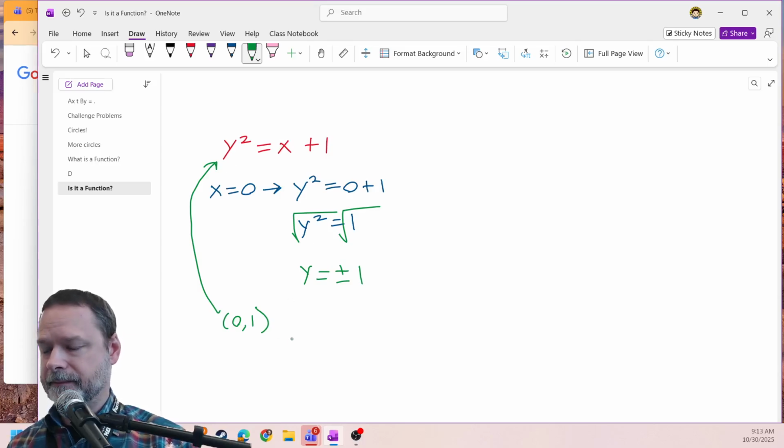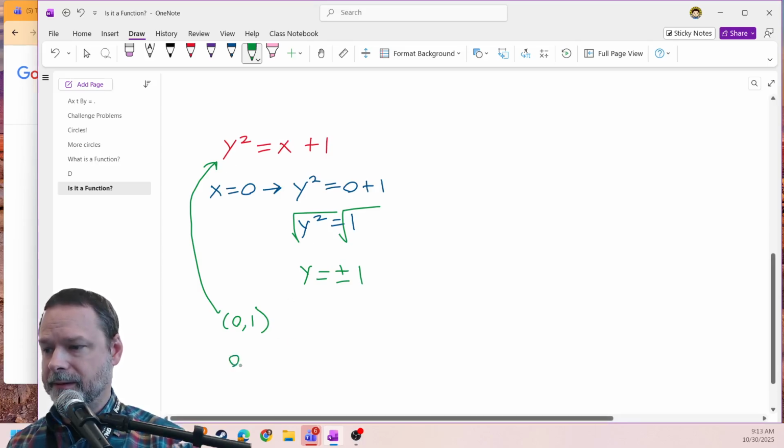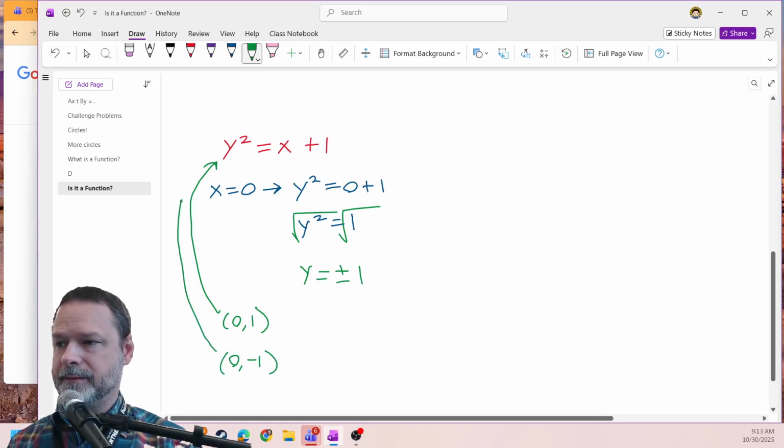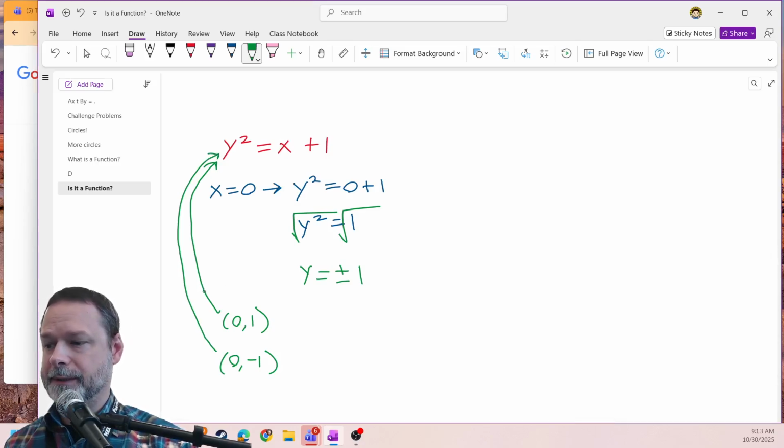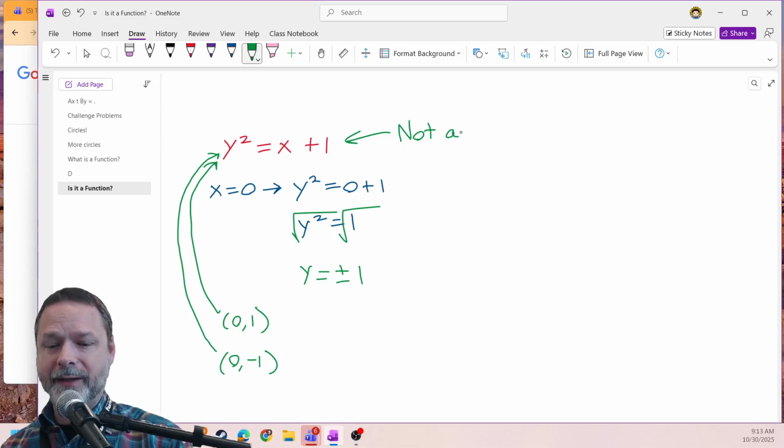And (0, -1) is also a solution. Shoot, one x is going to two different y values. Not okay. That is not a function. So we say, no way, since one value in our domain, one x, is being assigned to two different y values, this is not a function.